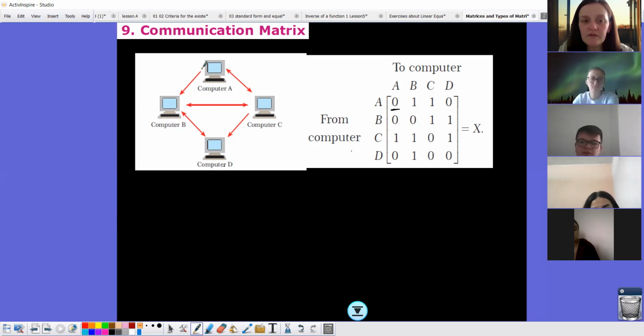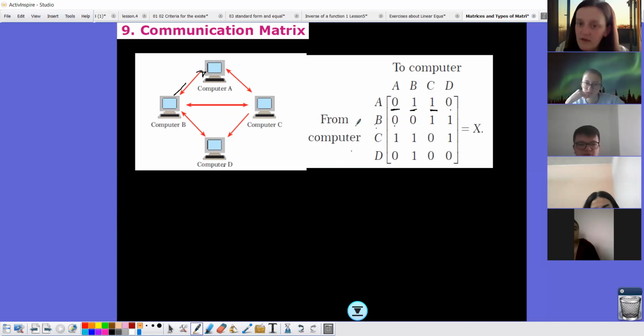Yes. It's like in informatics: no's are 0, yeses are 1. From A to C, is there a connection? Yes, 1. From A to D? No, 0.